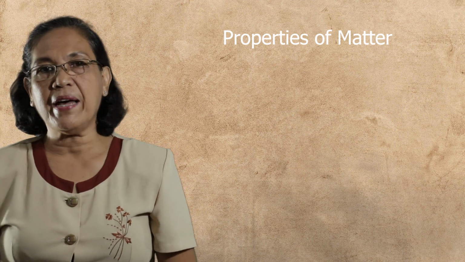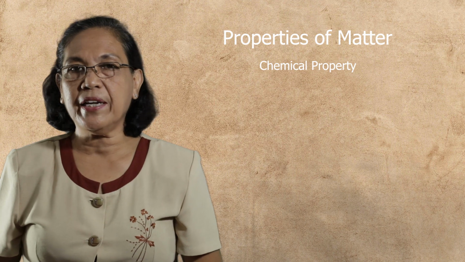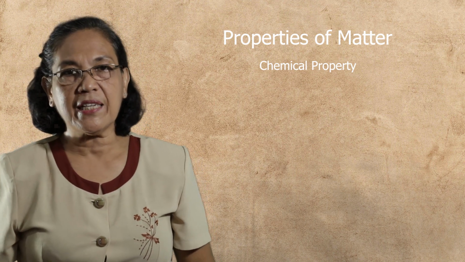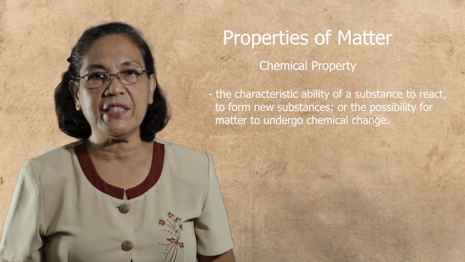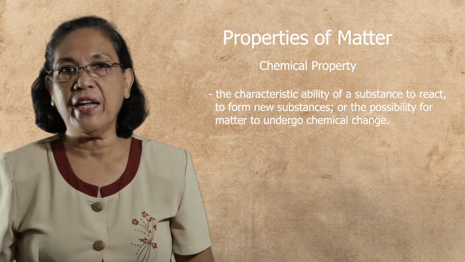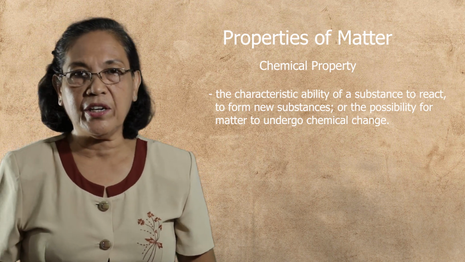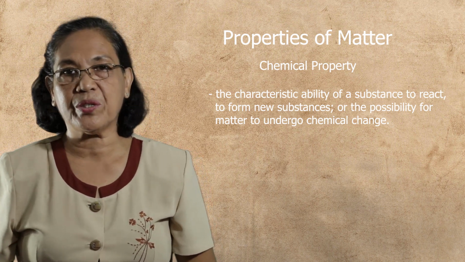Another property of matter is the chemical property. For the chemical properties of matter, this describes the characteristic of a substance to react, to form a new product, or the possibility of matter to undergo a chemical change.